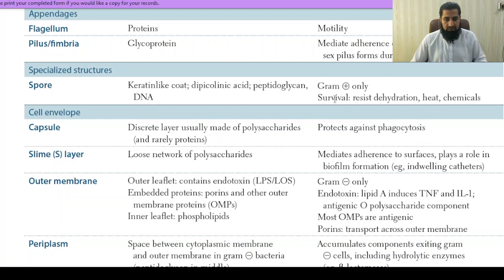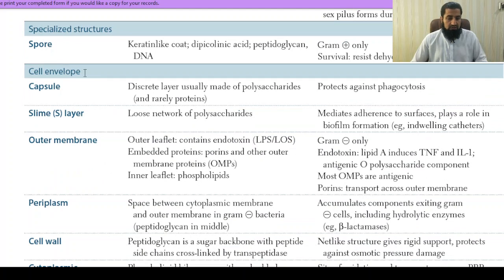If you want to kill these spores, you need to heat the medium or anything which you suspect might contain spores to 121 degrees centigrade for 15 minutes. Then the spores will be denatured.